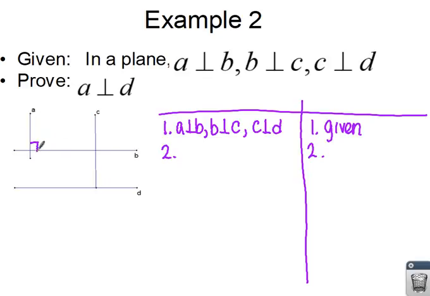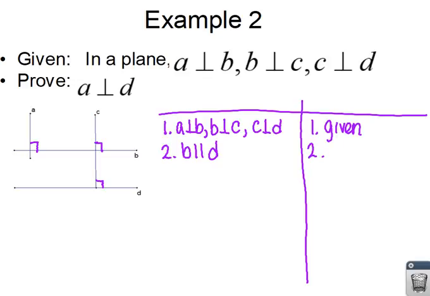So it says A is perpendicular to B, B is perpendicular to C, and C is perpendicular to D. Okay, so you should be able to say, by looking over here at the right side, if one line is perpendicular to two lines, they would have to be parallel then, right? So we can say that B is parallel to D.